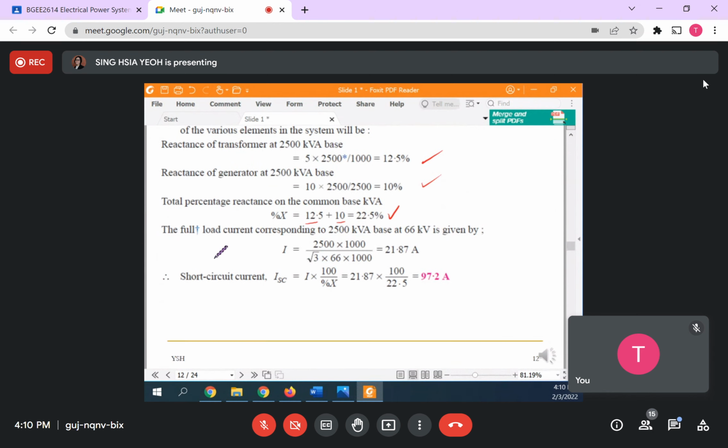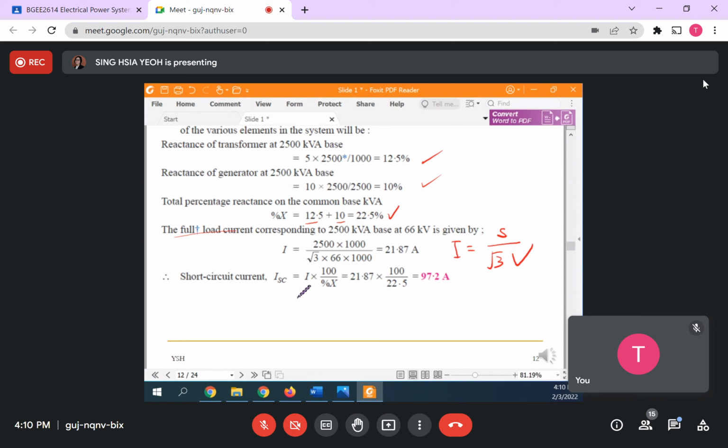Then you calculate the full load current. The equation is I equals S over root 3 V. Then you get this value.